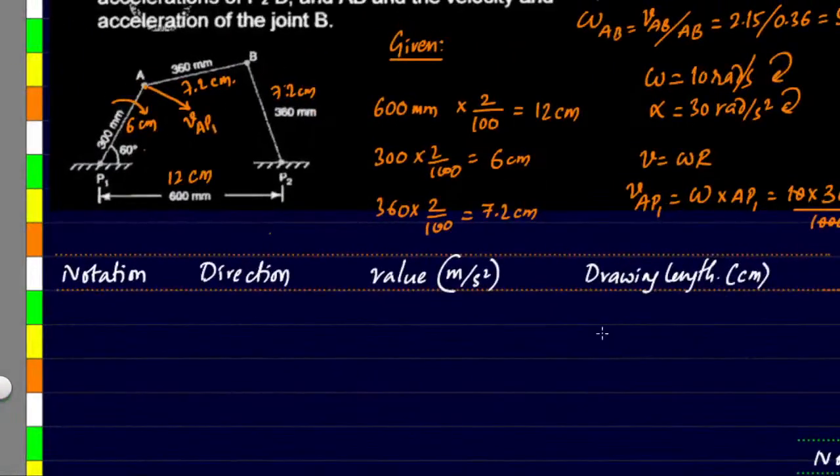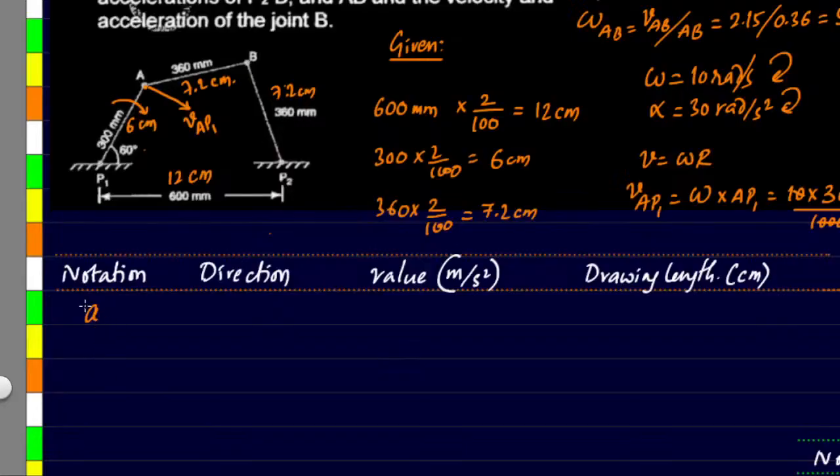Now, because the link P1A is not rotating with constant acceleration, there will be two components of acceleration for A. So the first component will be the centripetal acceleration.